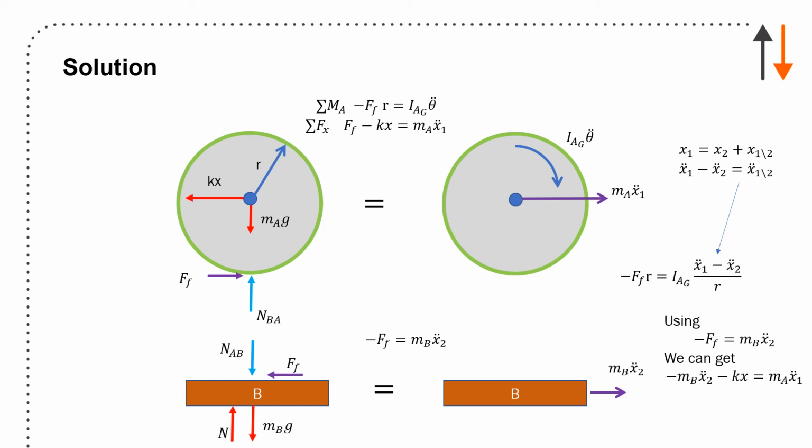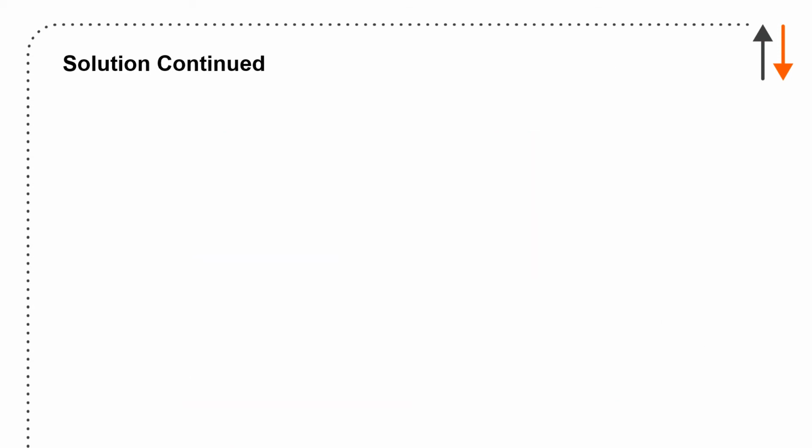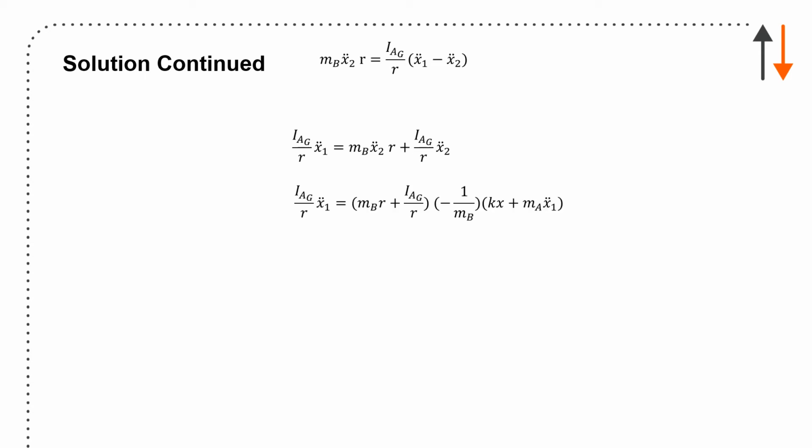So really what I'm trying to do is get an expression for x1 in terms of x2. So I have M_B x2 double dot R equals I_AG over R, x1 double dot minus x2 double dot. Substituting in terms, I_A over R, x1 double dot equals M_B x2 double dot R. Okay, I've got a relationship out of the two.